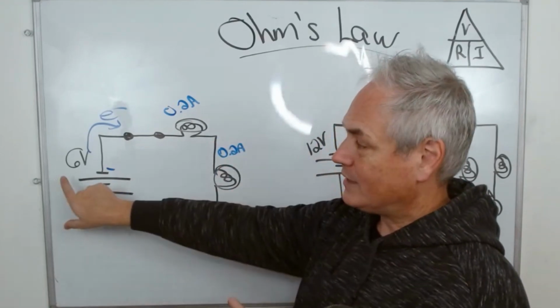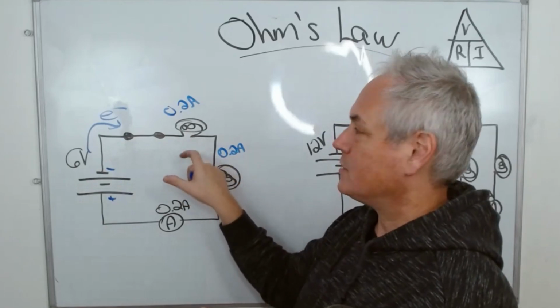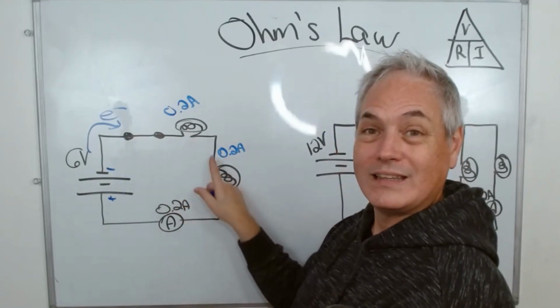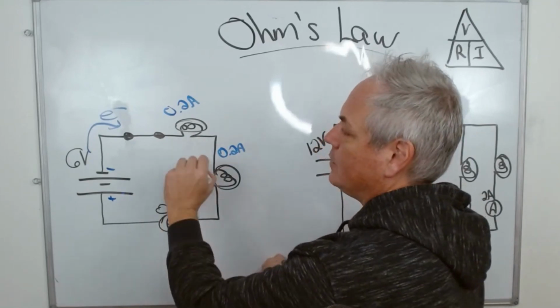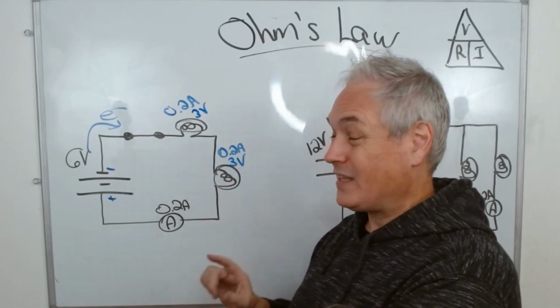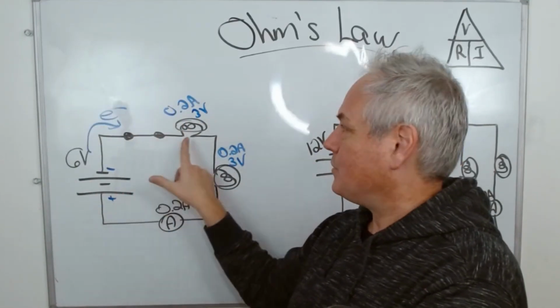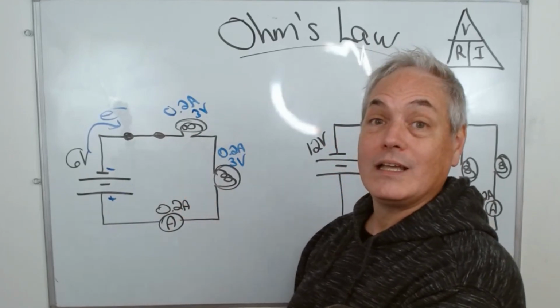Now you have to consider that if we have 6 volts at the source, but we have 2 bulbs, then we have to divide the voltage between the 2 bulbs, knowing that they are identical. So here we have 3 volts, and here we have 3 volts. It is true that for the whole circuit I have 6 volts, but if I'm talking about the individual bulbs, I have only 3 volts.